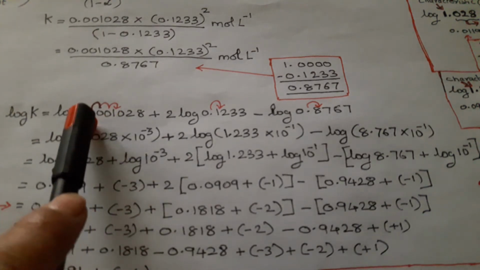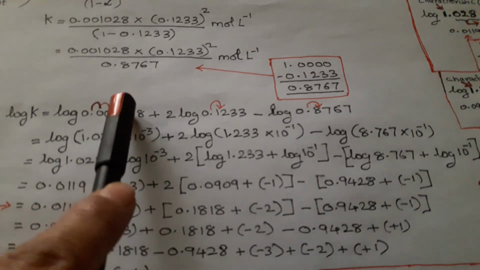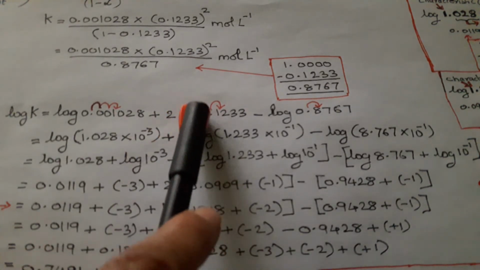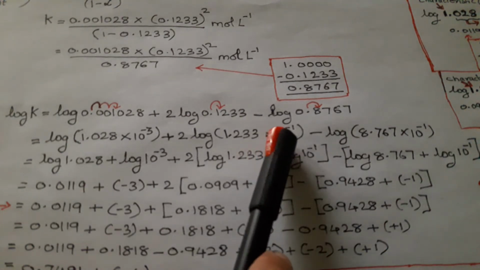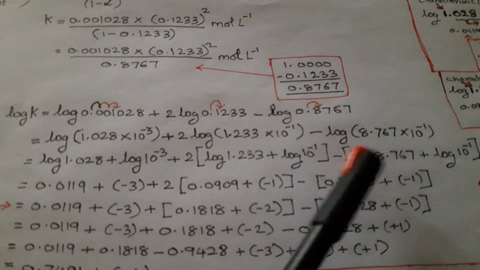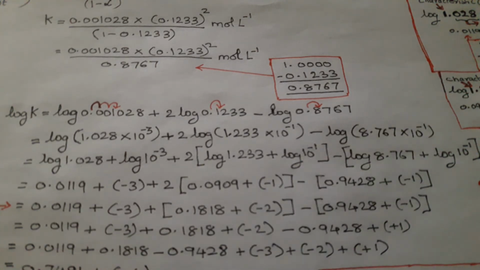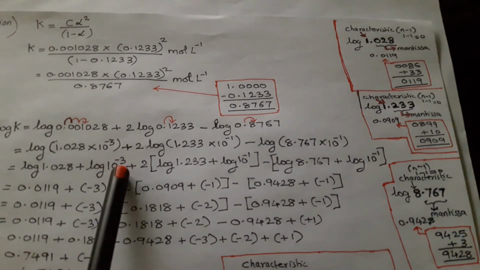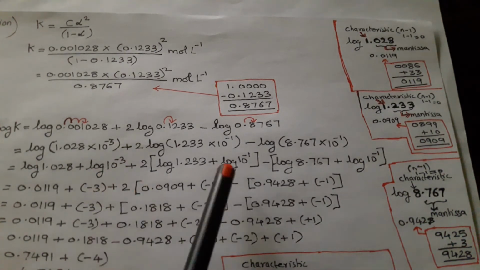Next is to convert them into simple logs. So in this case, we have to shift 3 decimals to the right. It becomes into 10 raised to minus 3. Here only 1 decimal, so it is 10 raised to minus 1. And in this case also it is only 1 decimal we are shifting, so we write again 10 raised to minus 1. Log of 10 raised to minus 3 is minus 3.